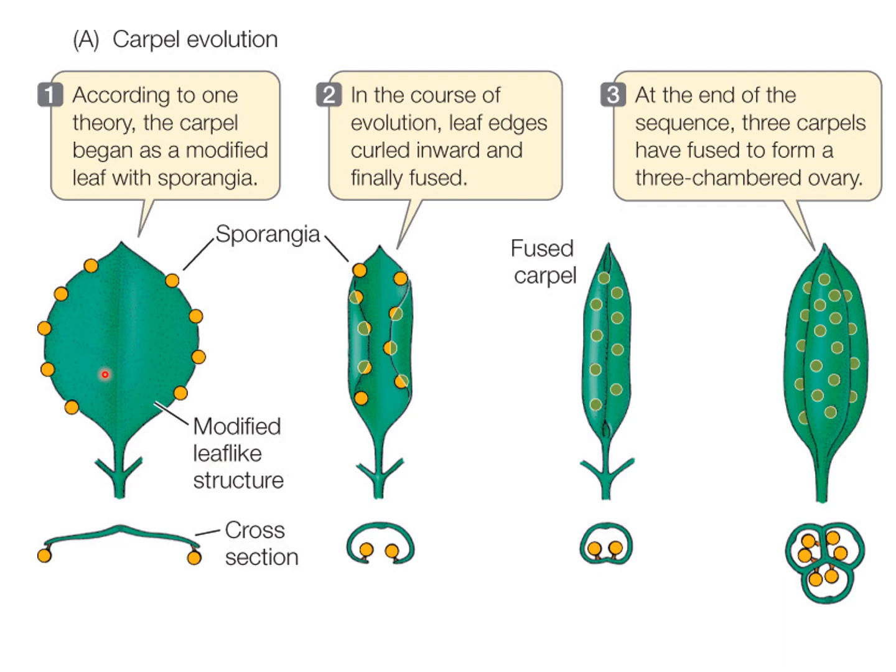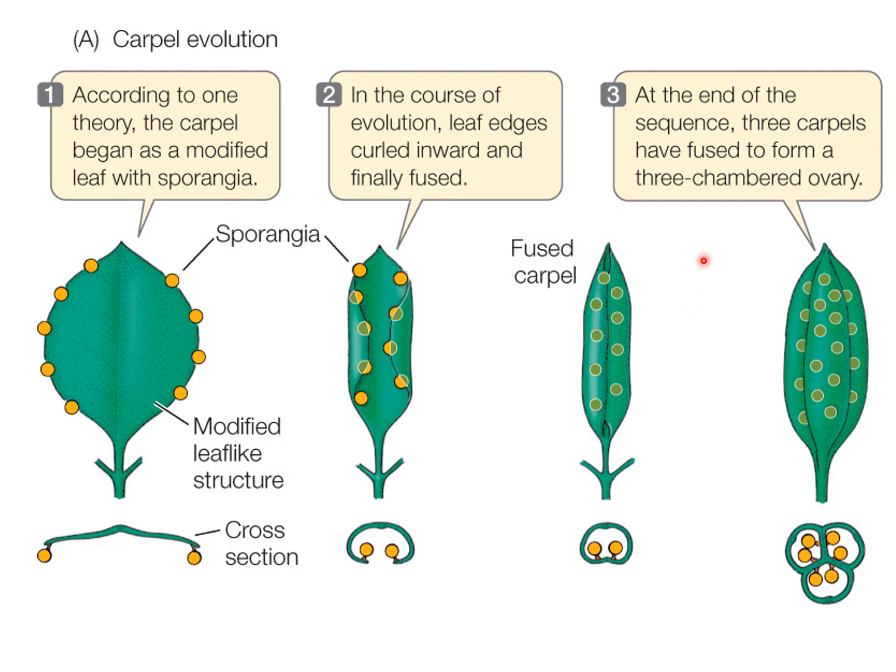And then, in the course of evolution, the leaf edge curled inward and finally fused together. When they fused, it means they make one carpel.